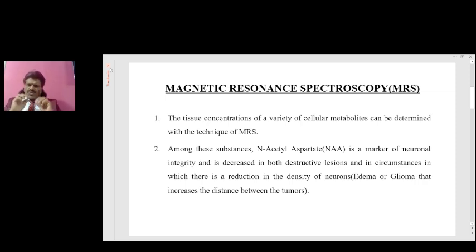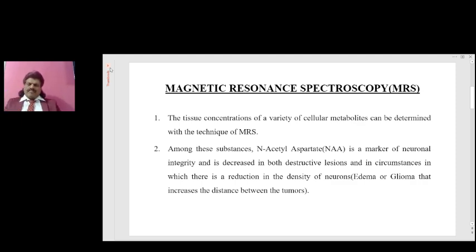The tissue concentrations of a variety of cellular metabolites can be determined with the technique of MRS. So, for example, glioma tumors or other pathology produce various metabolites which can be detected by this sequence, magnetic resonance spectroscopy.